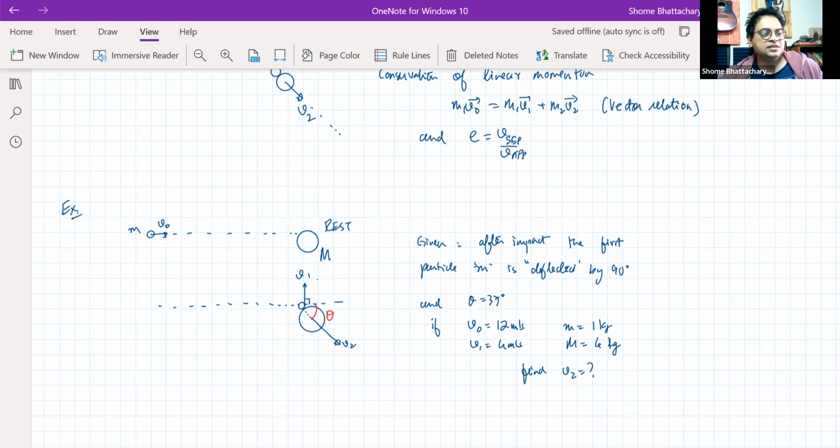This is the easiest level question because a lot of information is given. The directions of both the final velocities, v1 and v2, are given in terms of the initial velocity's direction, and the magnitude of one of them is given.